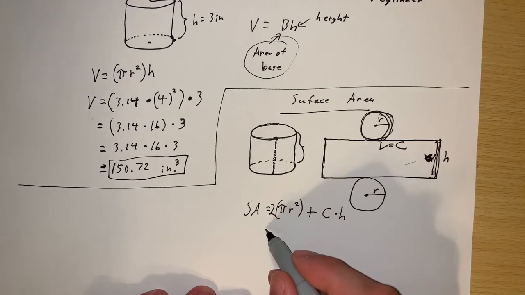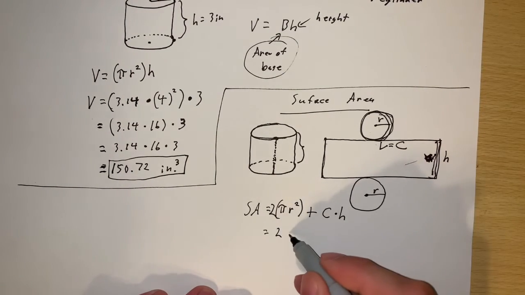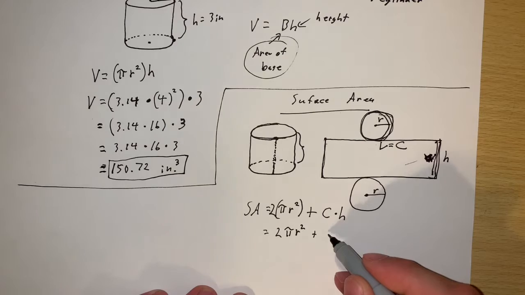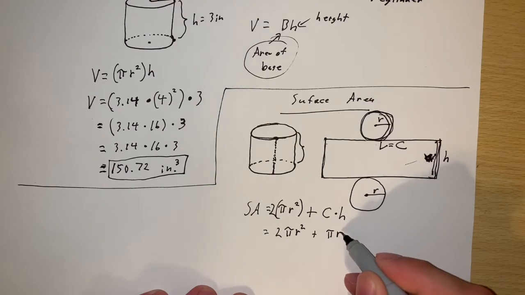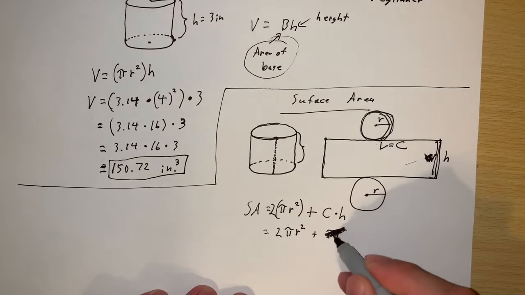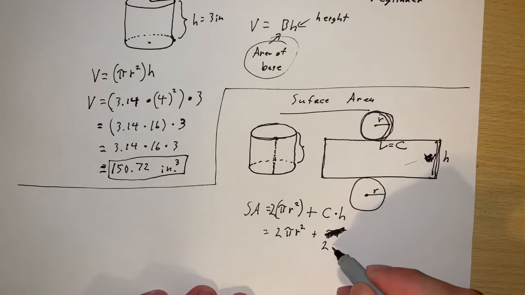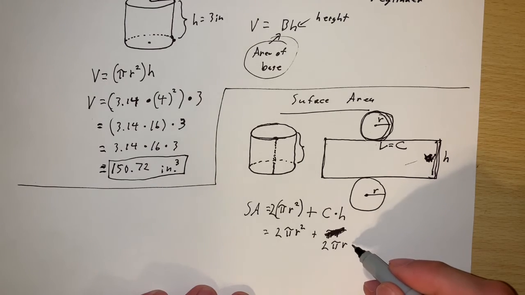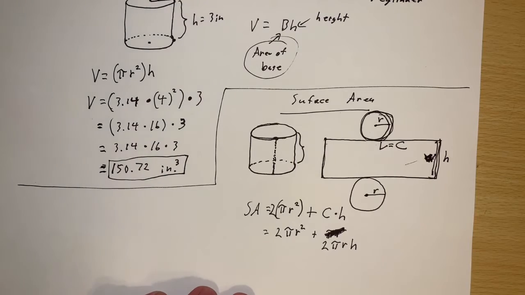Circumference, we can be more specific and say circumference is pi r squared. I'm sorry, that's area. Circumference is 2 times pi r, times height.